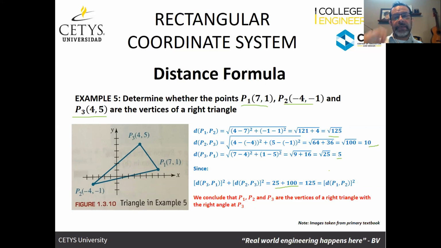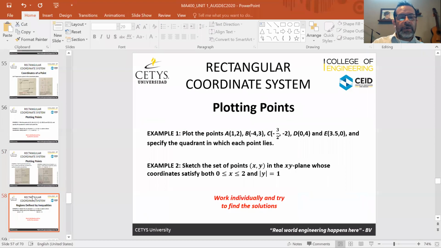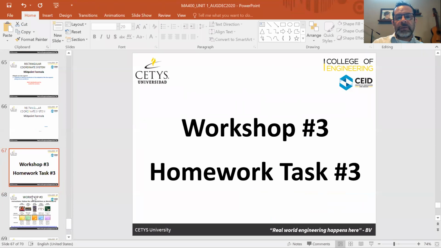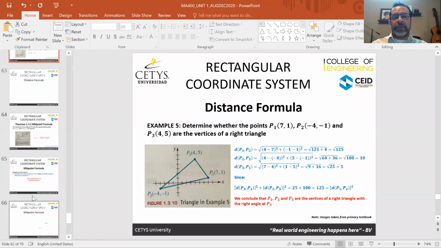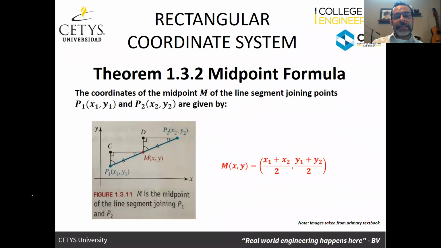There are a few problems like these in homework task number 3, actually. So these are some applications of the distance between 2 points, taken to the 2-dimensional plane. And lastly, we're going to see the midpoint formula. We saw the midpoint formula for 2 points in 1 dimension on the number line.